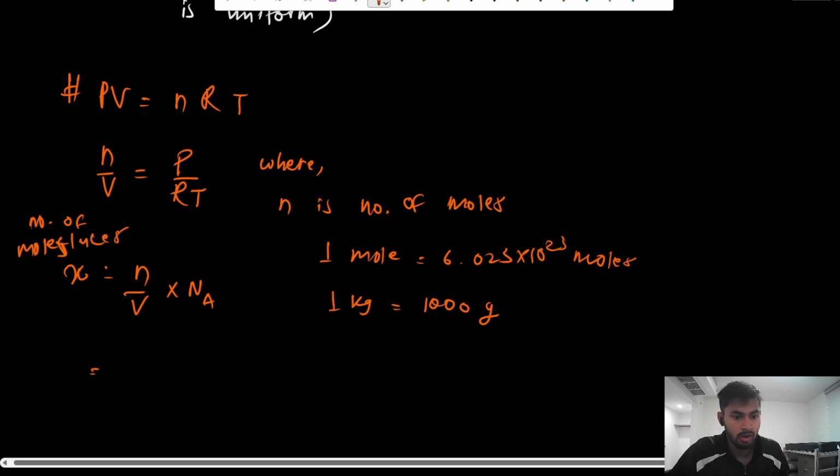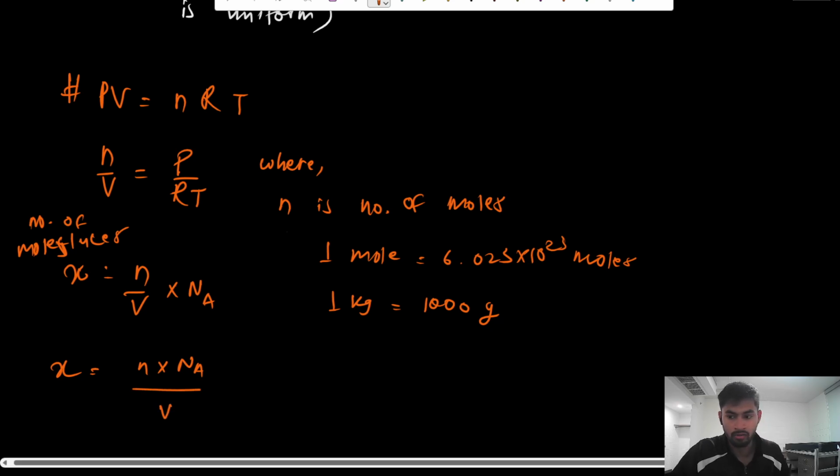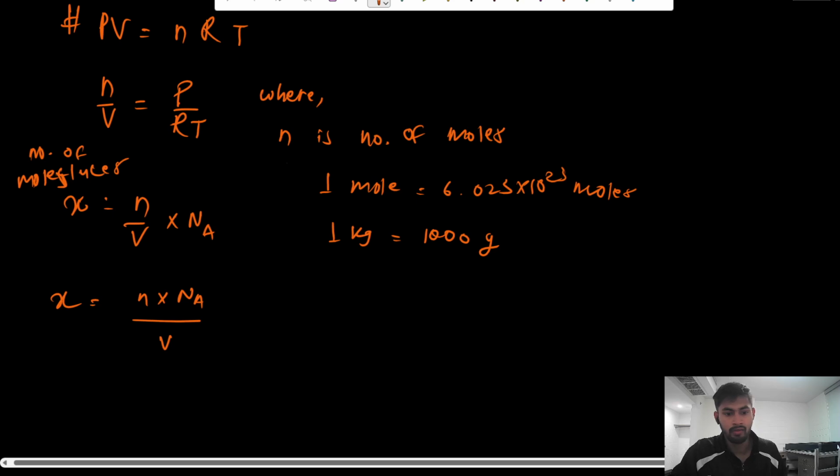So this equation itself deduces to, if we are trying to compute the total number of molecules, the total number of moles times Na, which gives us the number of molecules present per total volume, right? If n is, say, assume 1, then it would be Na by V, right?